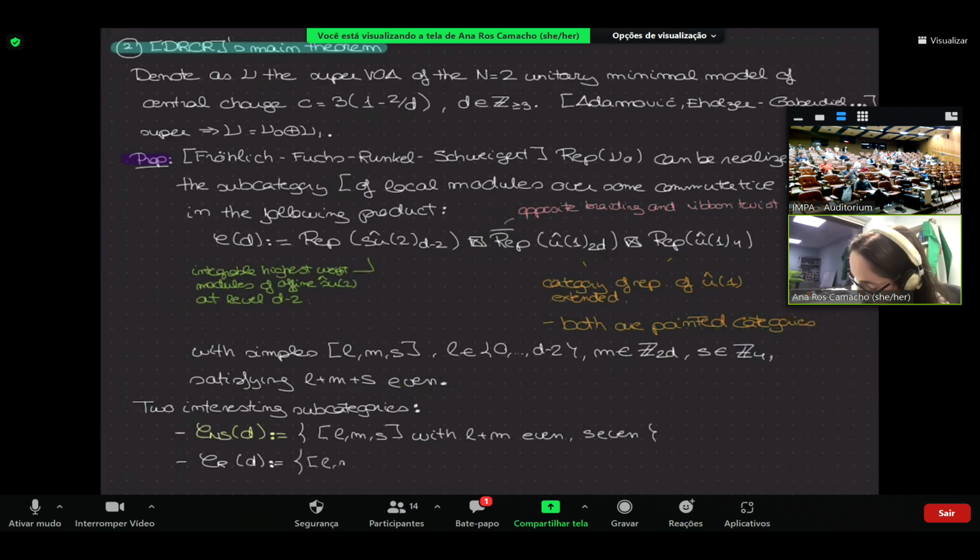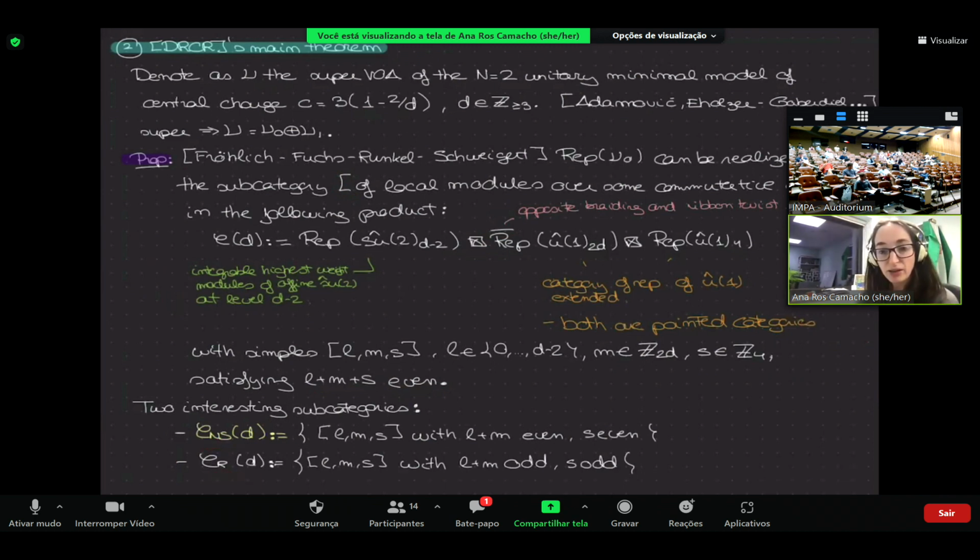And C R, I'm not going to need it today, but I'm going to mention it. So, if you have a physics inclination, you may recognize this as the Neveu-Schwarz and Ramond sectors.